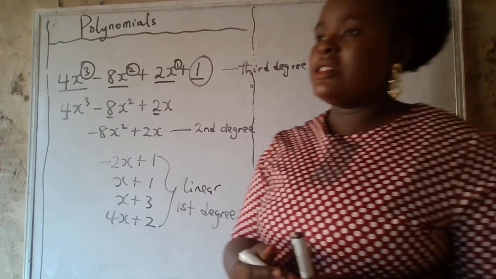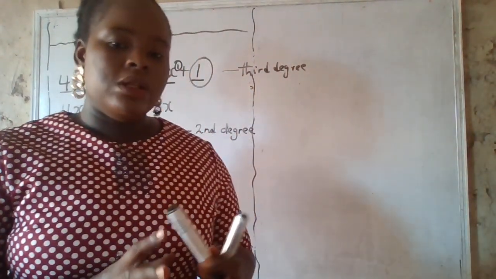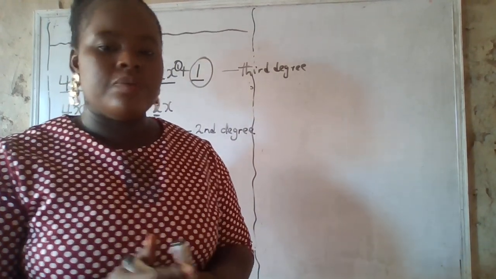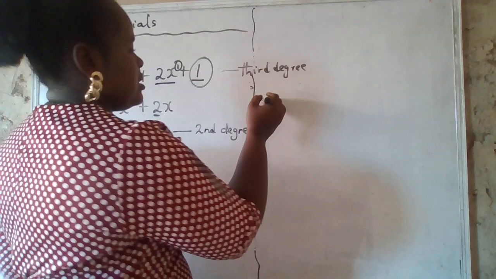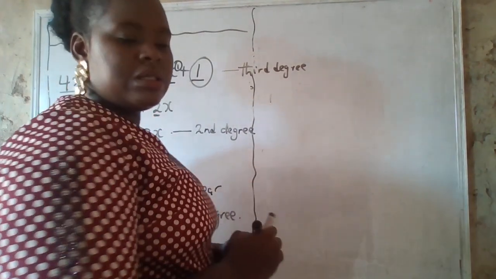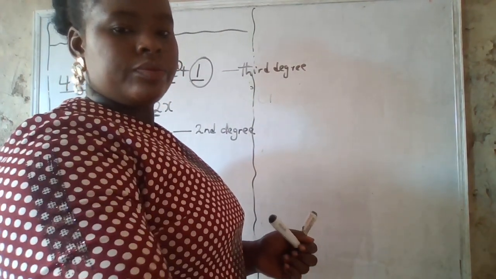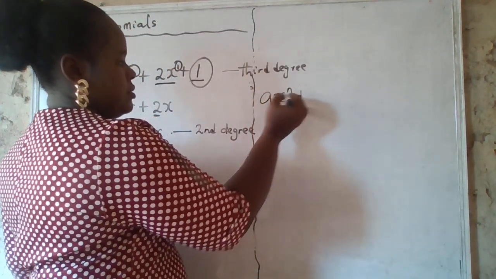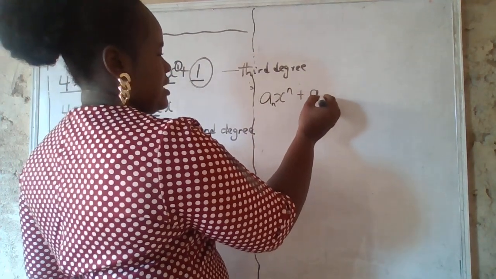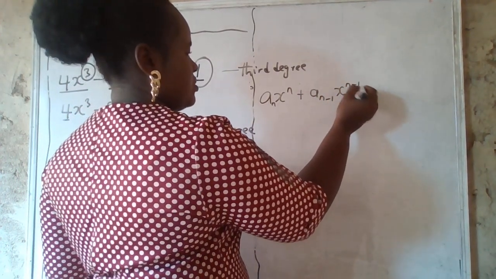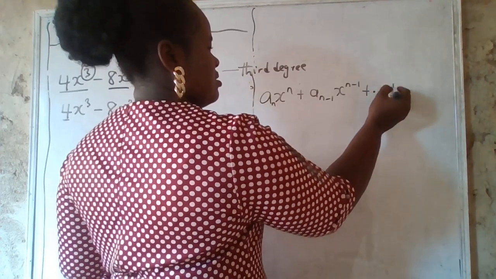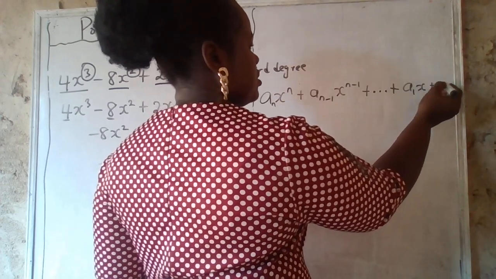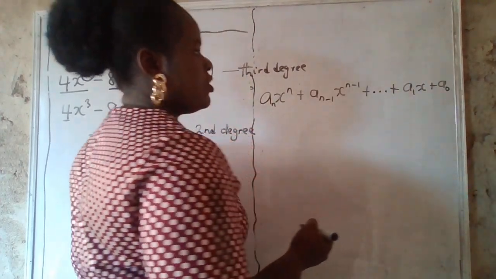Okay, now let's try the general form for a polynomial in x of the nth degree. We can say that this polynomial can be written as a_n x^n plus a_(n-1) x^(n-1) plus every other term till we reach a_1 x plus a_0.